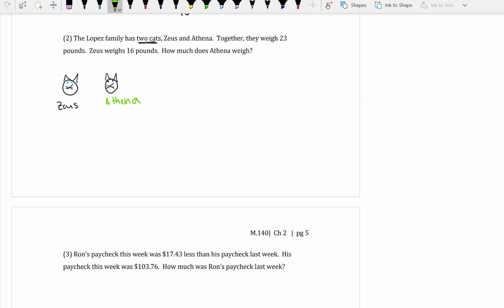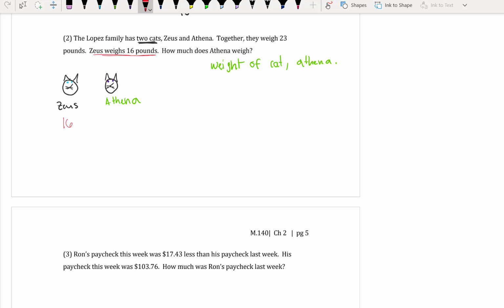I know that together they weigh 23 pounds. And Zeus weighs 16 pounds. How much does Athena weigh? So you want to know how much Athena weighs. So you want to know the weight of your cat, Athena. Well, you already are given that Zeus weighs 16 pounds, so this is 16.